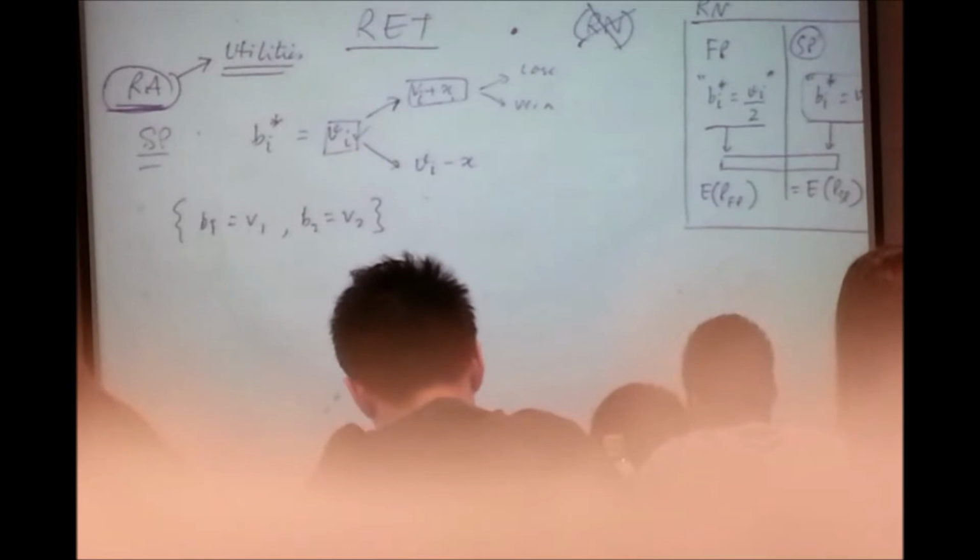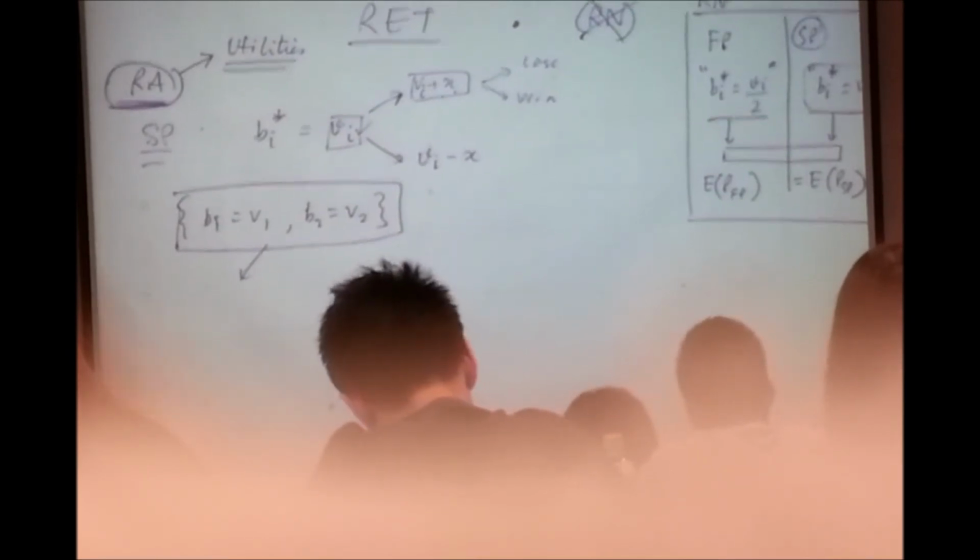Therefore, I have shown you that if it is a second price auction, in equilibrium bidders will bid their true valuation: b1 is equal to v1, b2 is equal to v2 in a two-bidder case. With n bidders, b3 is equal to v3, bn is equal to vn. The price is equal to the second highest bid.